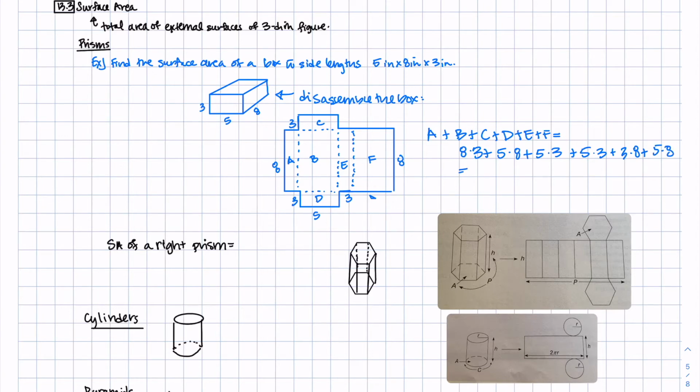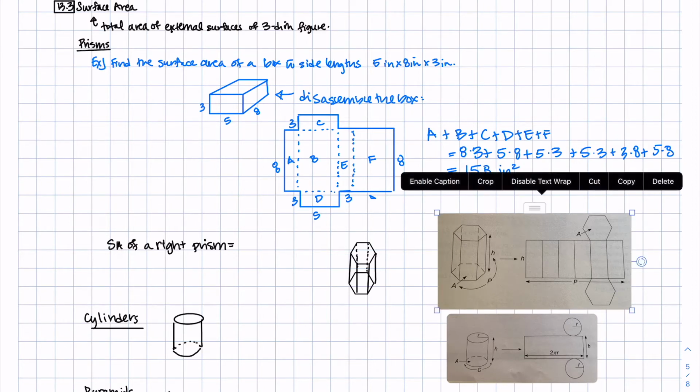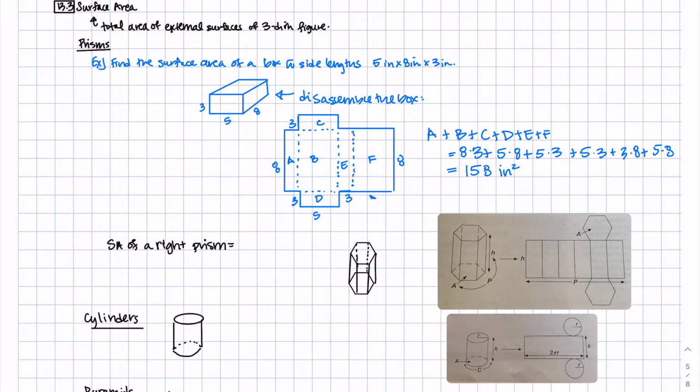So multiplying this all out and adding it all up, we should get the total area of 158 inches squared. And I know my units are going to be inches squared on this because the area of each of these has the units inches squared, and then I'm just adding them all up. So, great.